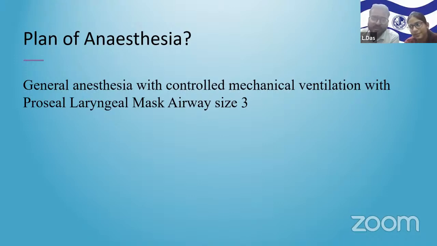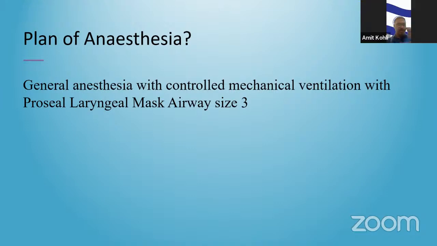We can avoid the laryngoscopy and intubation response that is associated with securing an endotracheal tube, because the laryngeal mask airway will not cause that much response. Also, sir, in the post-op period, the incidence of post-op stridor as well as sore throat will be lesser with a laryngeal mask airway. So certainly second generation supraglottic devices have a lot of advantages, because they have a drain channel, so aspiration is not a concern.